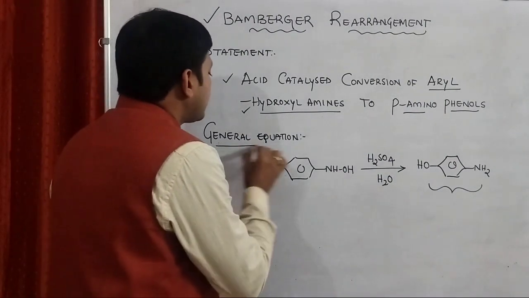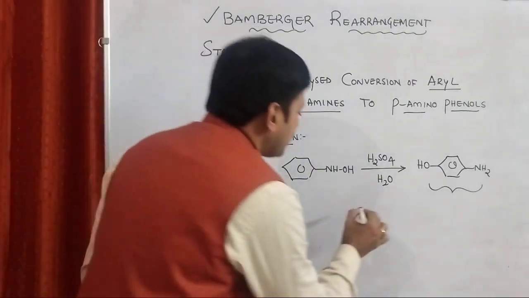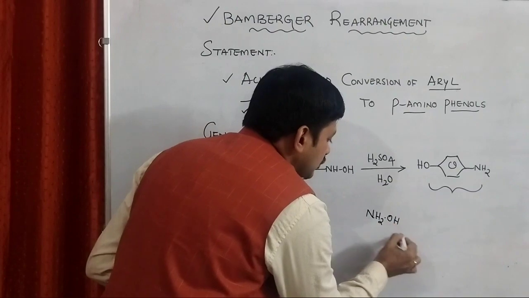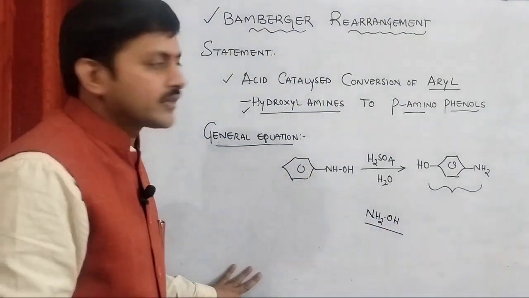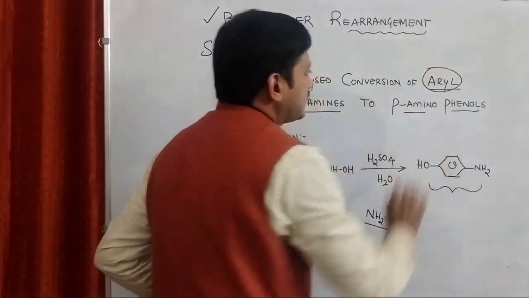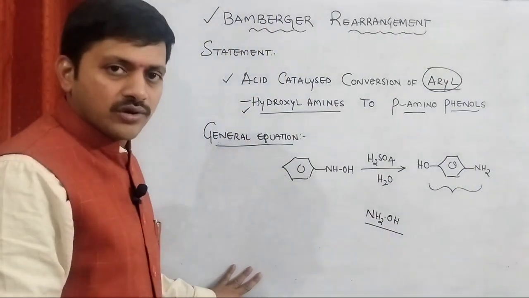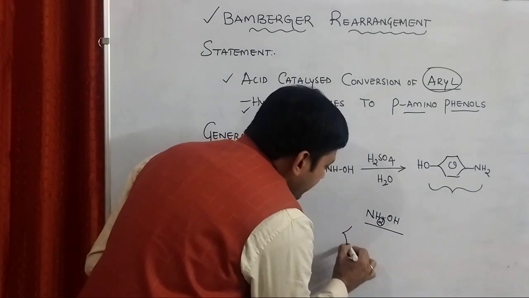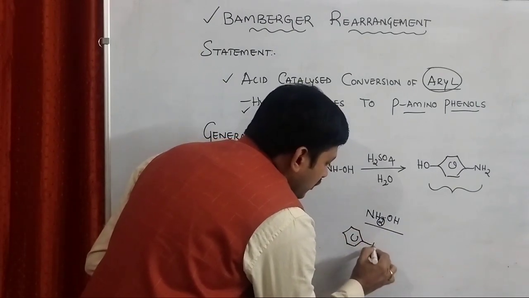If you see the general equation, we know that the general formula of hydroxylamine is what? NH2OH. Our reactant is aryl substituted hydroxylamine. So one of the protons is replaced with the phenyl group.